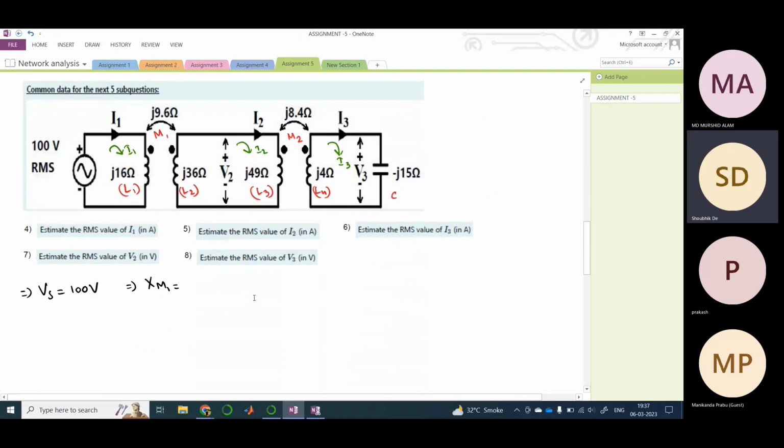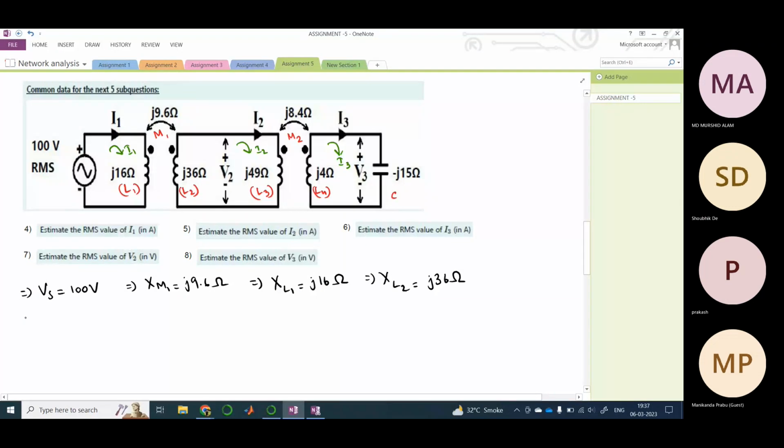So in the next problem, what is XM1? It is J9.6 ohm. What is XL1? It is J16 ohm. XL2 is J36 ohm. XL3 is how much?